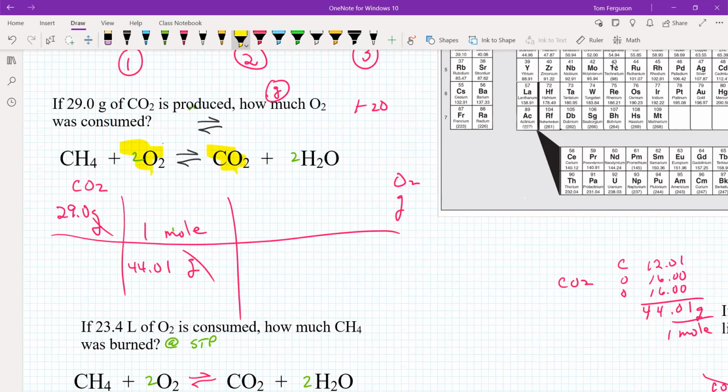So the ratio of oxygen consumed to carbon dioxide produced is 2 to 1. So it takes twice as many moles of oxygen to produce each mole of carbon dioxide. 2 to 1 ratio. That's the next step. So carbon dioxide needs to be in the bottom, so it cancels.